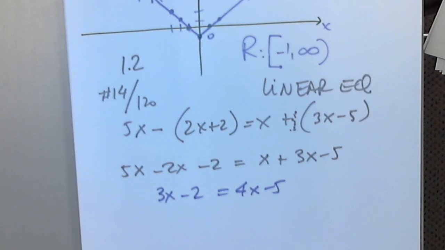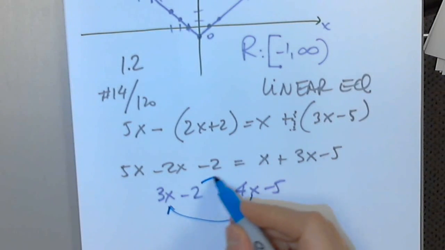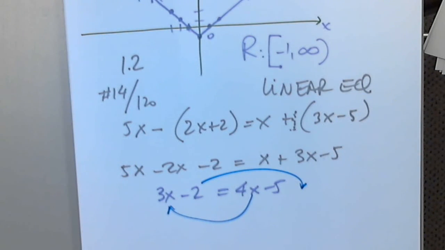Good. Here's what I recommend, and we can talk in detail about it on Thursday. When you move a term, most of the time we'll keep x on the left-hand side and everything without x on the other side. This is linear. If it's something else, we're not going to do that. But since it's linear, I want to move this here and this here. I know you're used to writing minus, minus, plus, plus, whatever. You can do that.